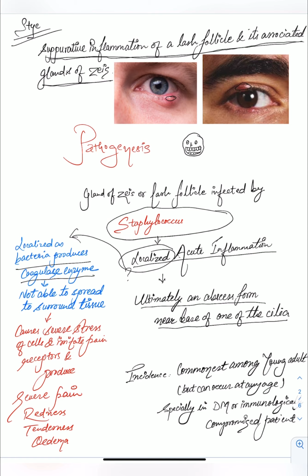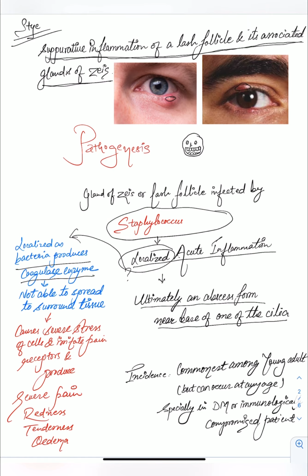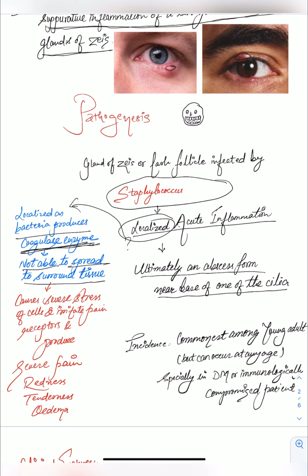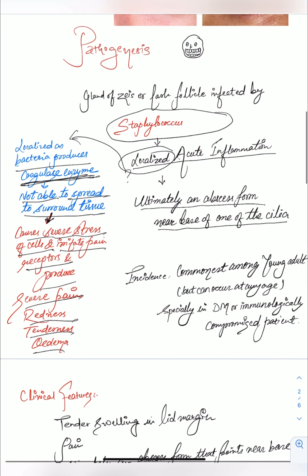This coagulase enzyme doesn't let the infection spread to the surrounding tissue, and as it is confined to the space in which the infection has occurred, it causes severe stress on the surrounding cells, and also irritates the pain receptors and produces severe pain, redness, tenderness, and edema, which are the signs of acute inflammation.